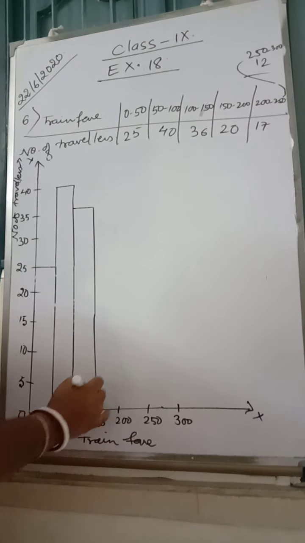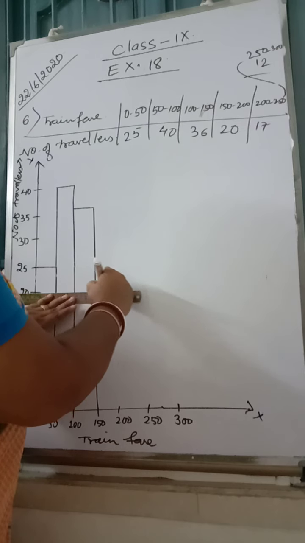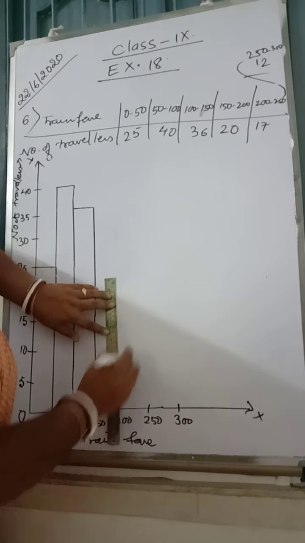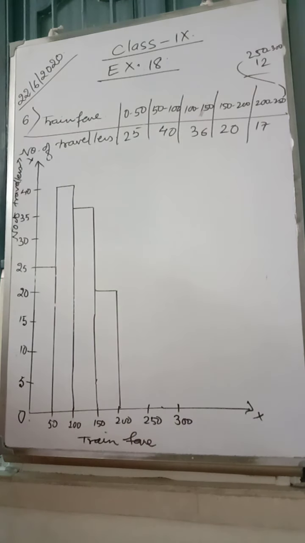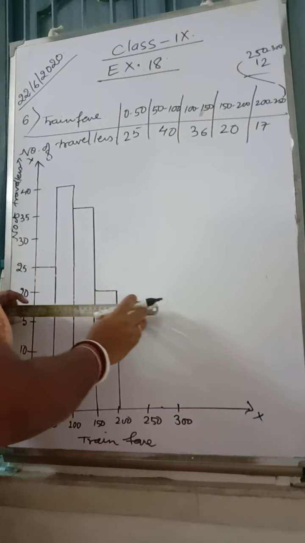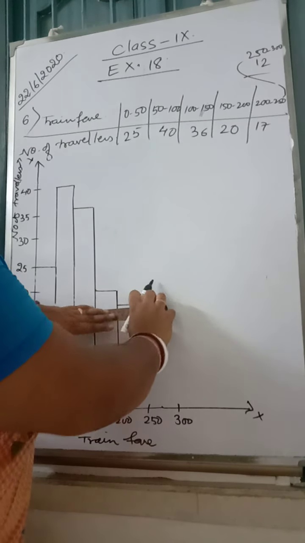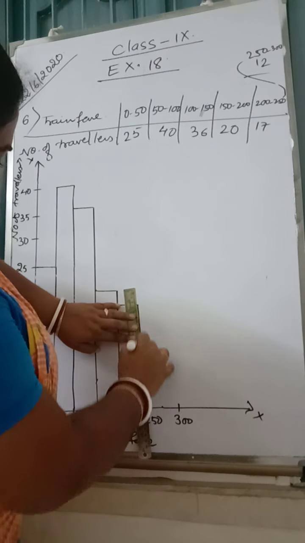Then we have 20. You can see between the bars there is no gap. That will come up to 200. Then we have 17, so that will be between 15 and 20, somewhere here, and will come up to 250.